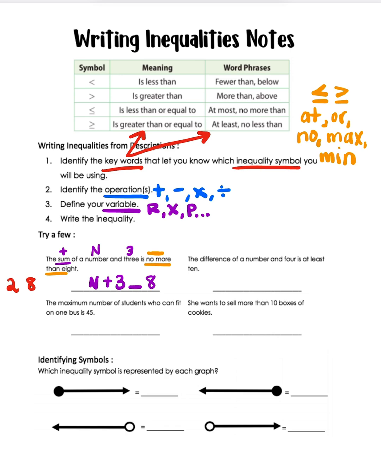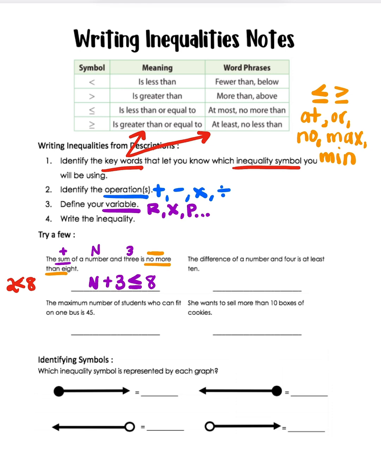Well, the 8 is larger, so larger means it gets eaten by our inequality alligator, Pac-Man, however you learned it. That means my symbol needs to be eating the 8 in my answer. So again, when in doubt on which way to face your symbol, just use a little example off to the side.